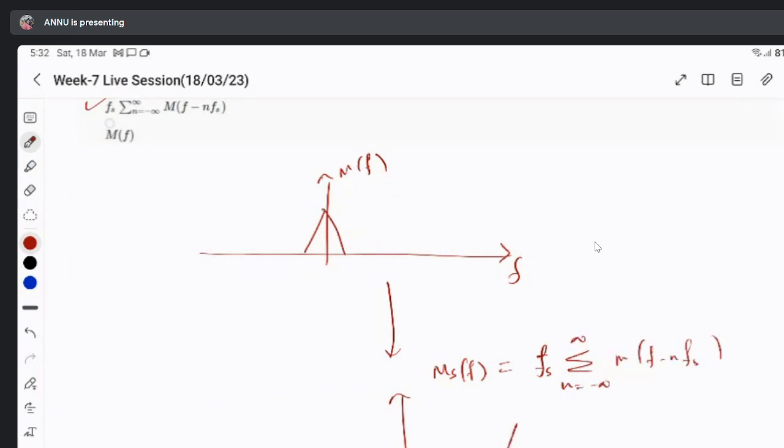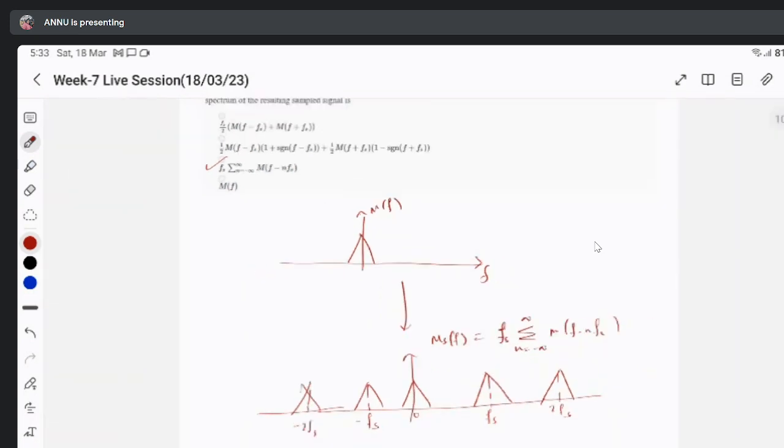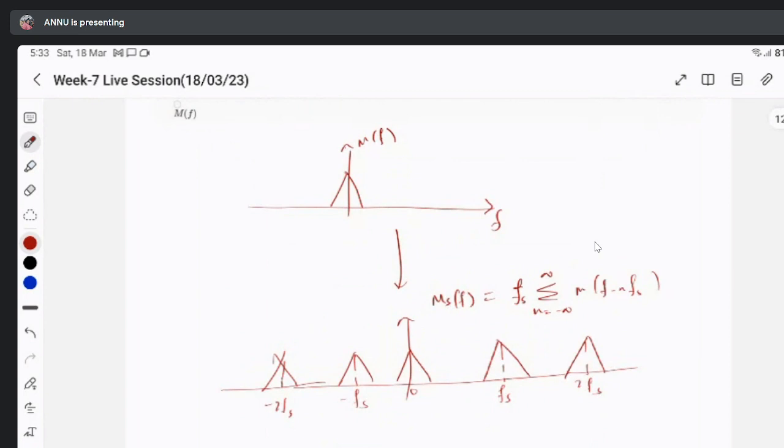So we'll have copies at 0, Fs, minus Fs, 2Fs, minus 2Fs. So the answer will be C.